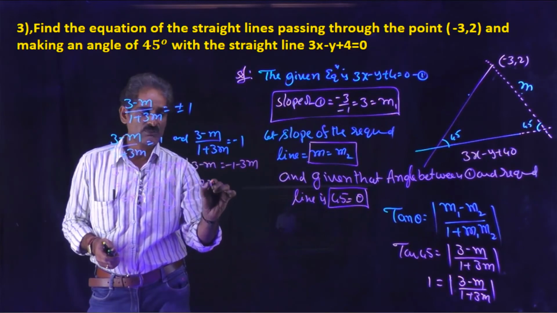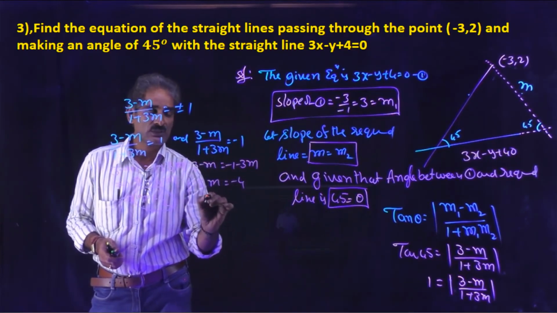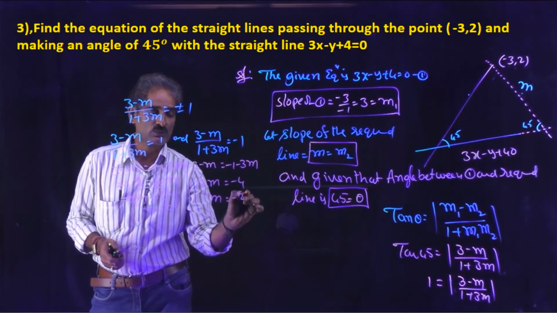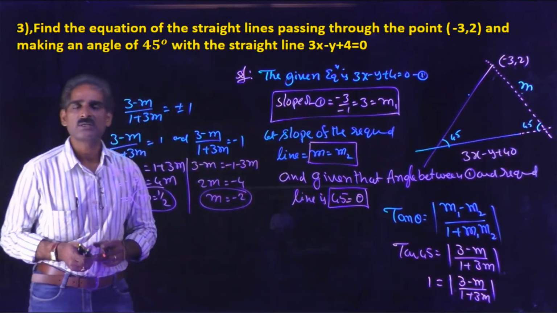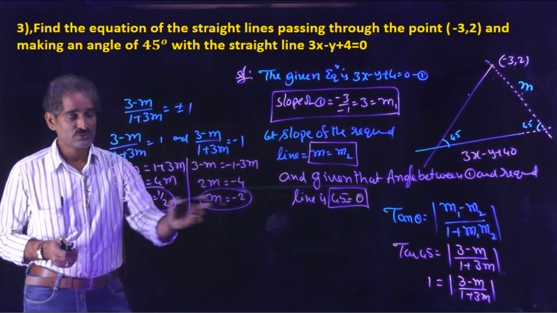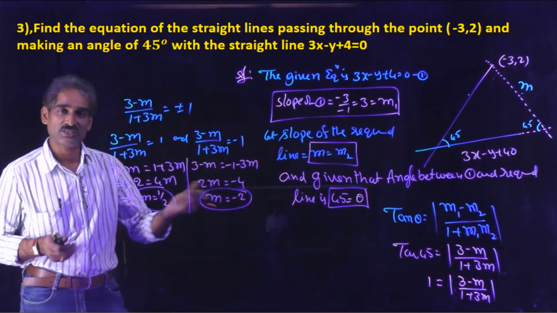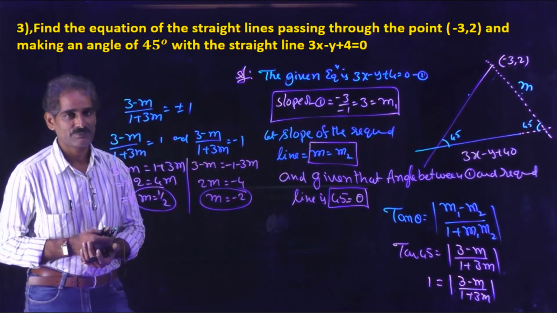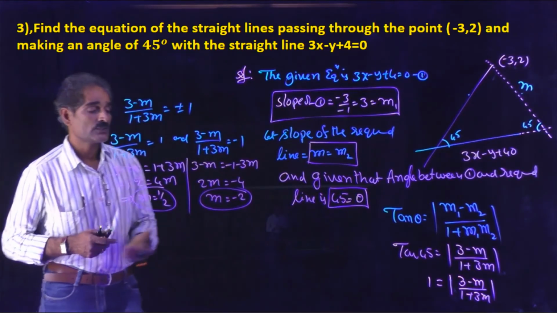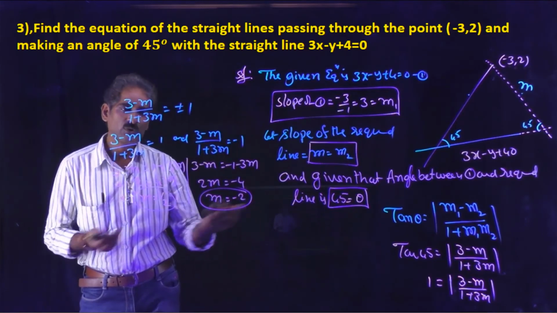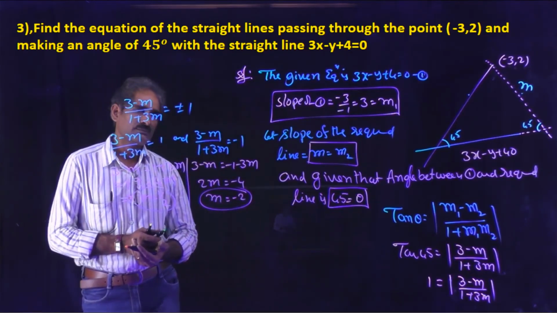So 2m is equal to minus 4 and m is equal to minus 2. This is the slope of the other line. So you observe that the product of these two is equal to minus 1 because these two lines are perpendicular. Okay, so now there is no need to apply the tan theta formula.